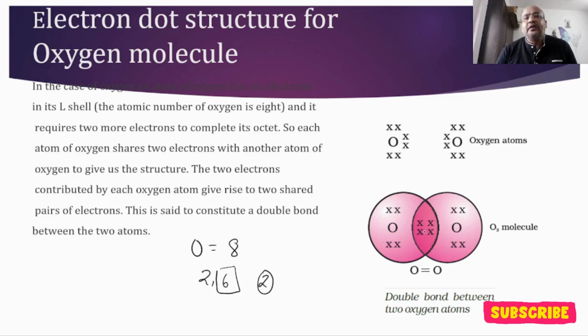So 2 pairs of shared electrons means a double covalent bond, which has been formed in this case. This is said to constitute a double bond between the two atoms.